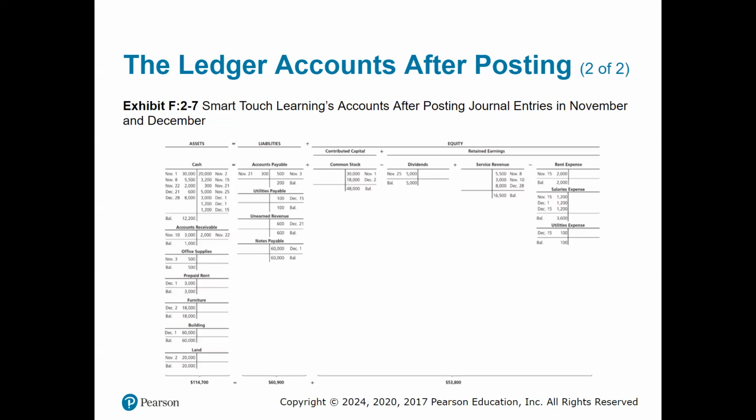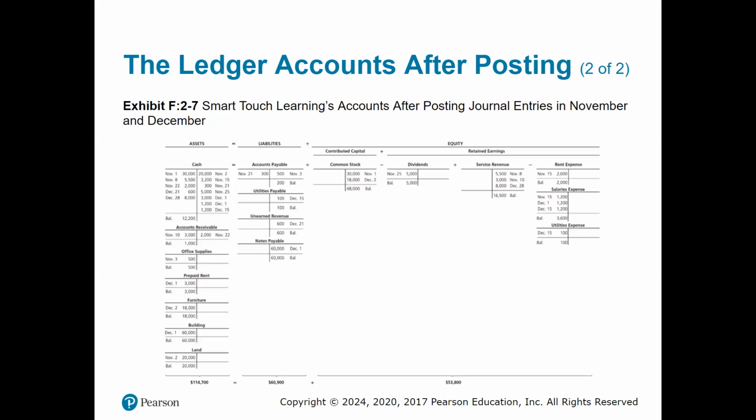And then they netted all these out. So each of these T accounts here shows an ending balance for each of those accounts. So for cash, we had 12,200, receivables 1,000, supplies 500, prepaid rent 3,000, etc.